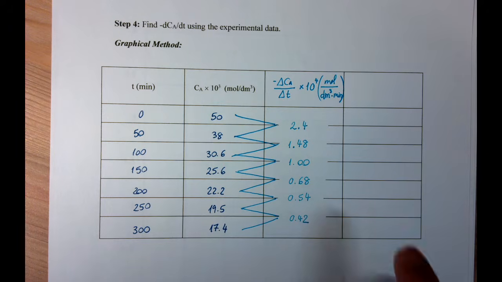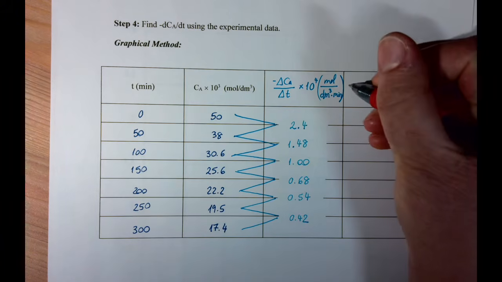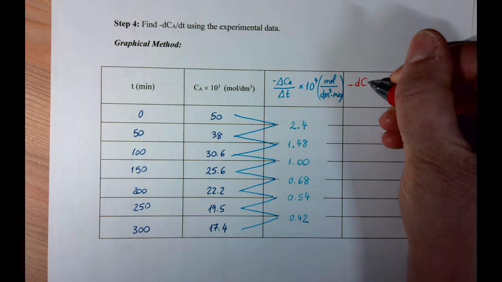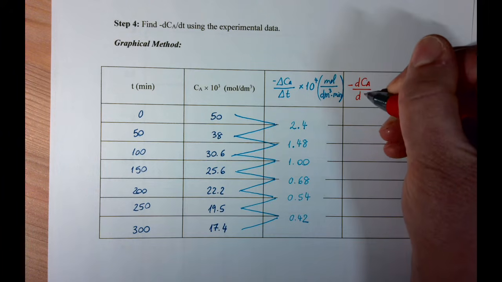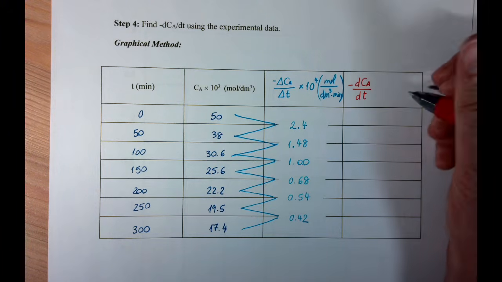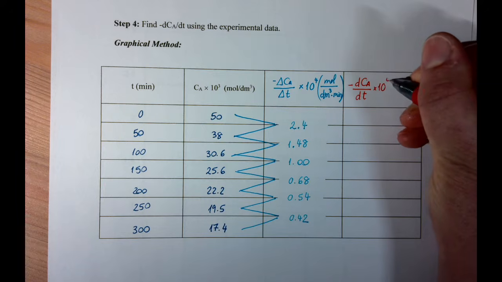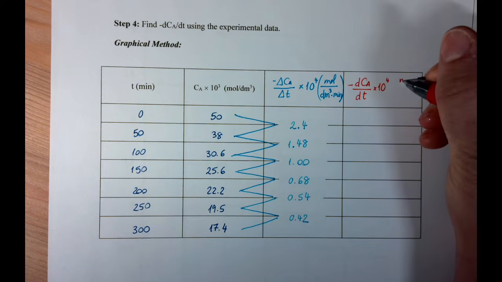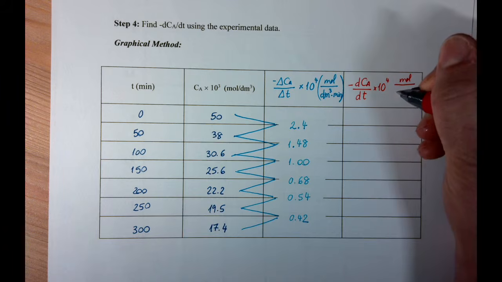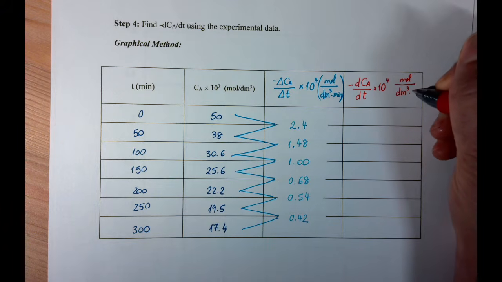Okay, so now that we have the delta CA over delta T, using the finite differences method, we're going to determine the values of negative dCA/dt times 10 to the 4 in moles per cubic decimeter per minute.